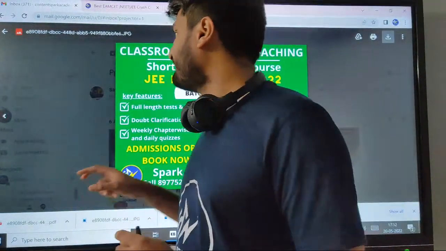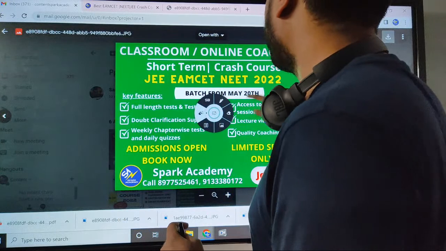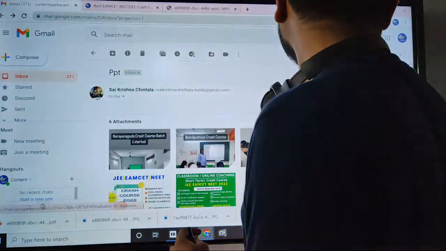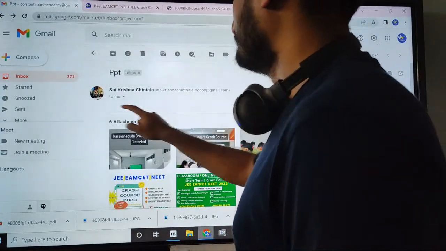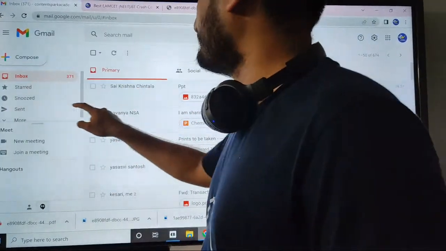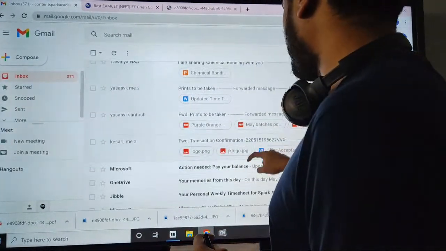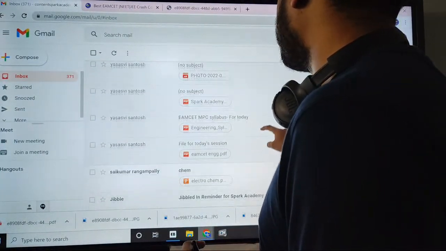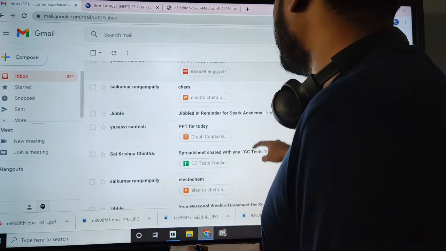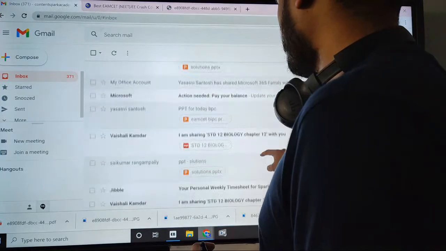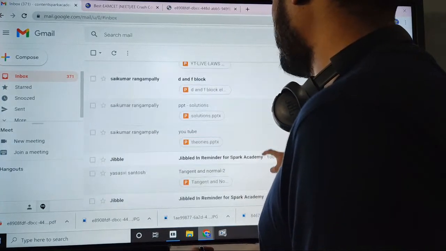So first things first, whenever you talk about any competitive exam, there are a few things which need to be kept in mind.